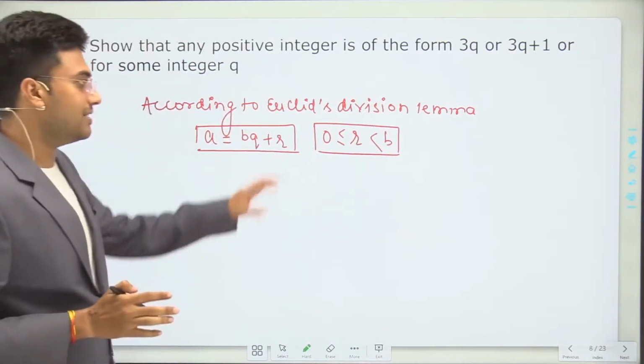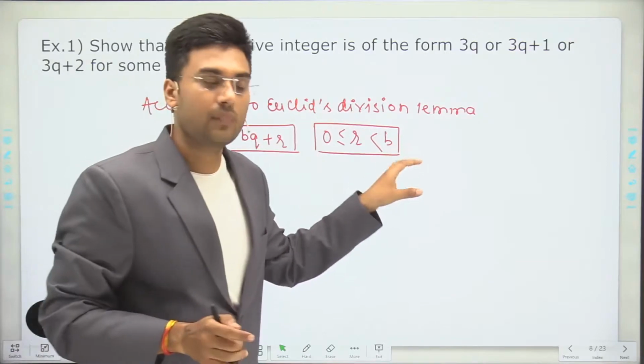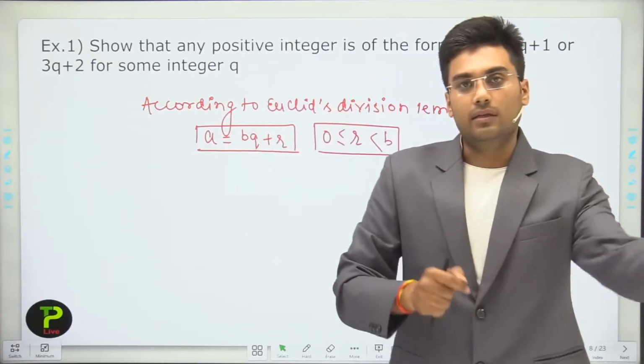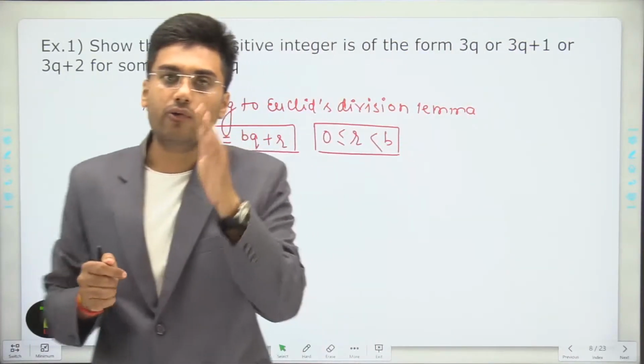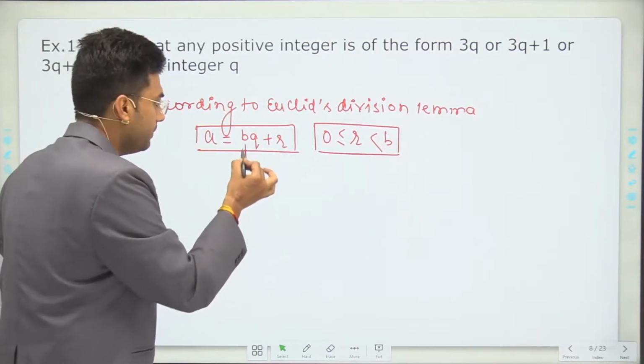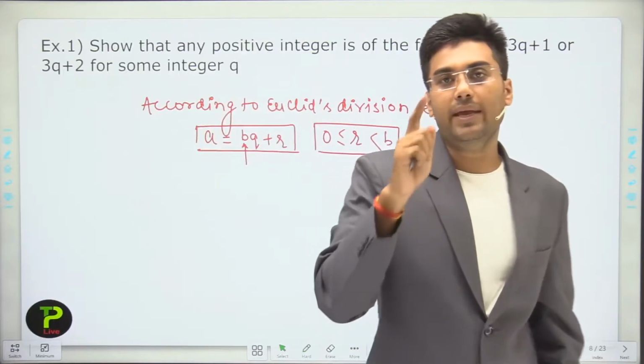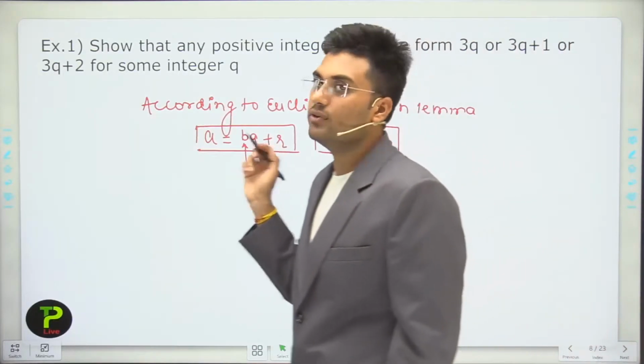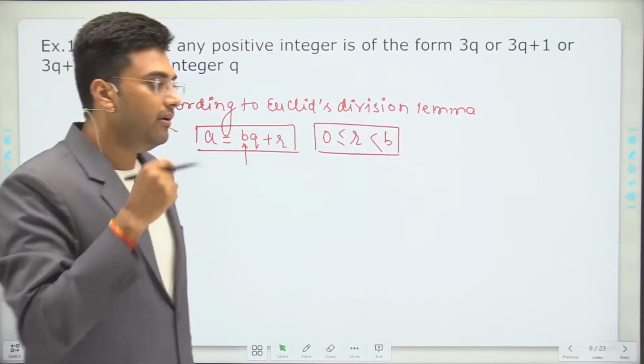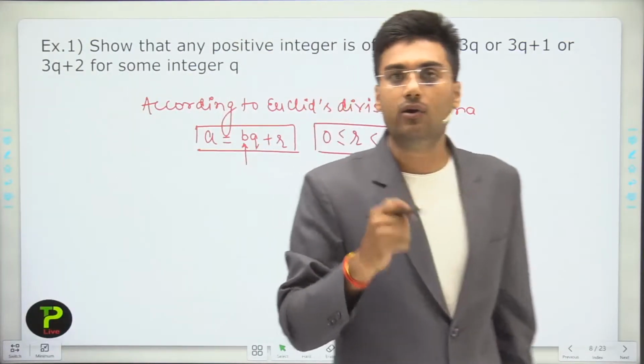Okay, this is the statement of Euclid division lemma. So now student, the most important thing is how you decide the value of b. To solve the questions of Euclid division lemma, the main thing is how you decide the value of b, and we decide the value of b according to the question.